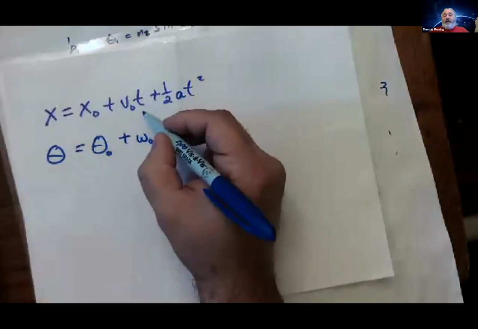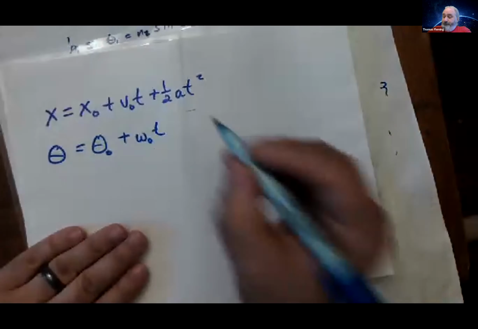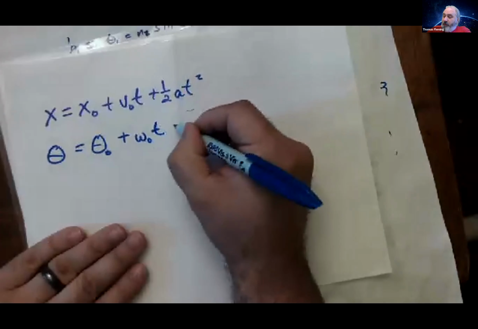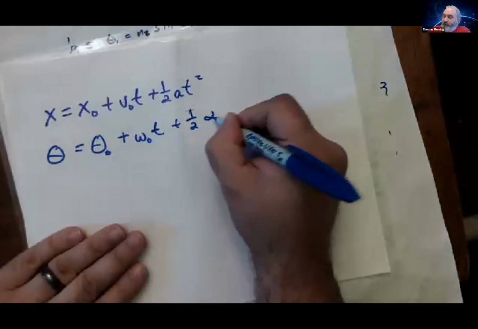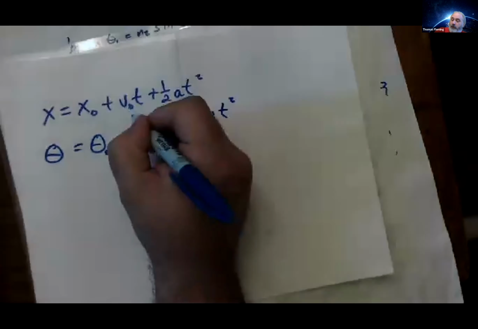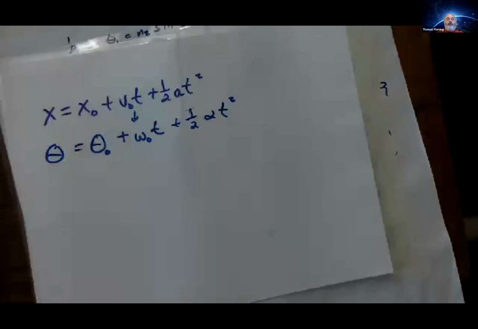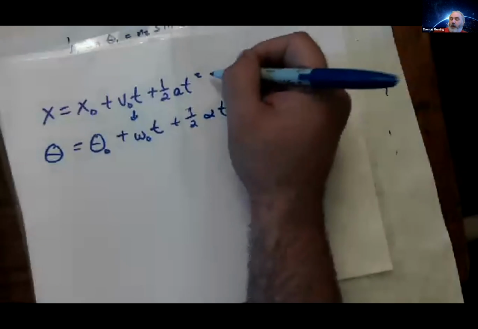Now, time is not a vector, and so t is just t, plus 1/2, not a, but alpha, t squared. So all I had to do was invent this new equation based on what I knew from chapter 2.